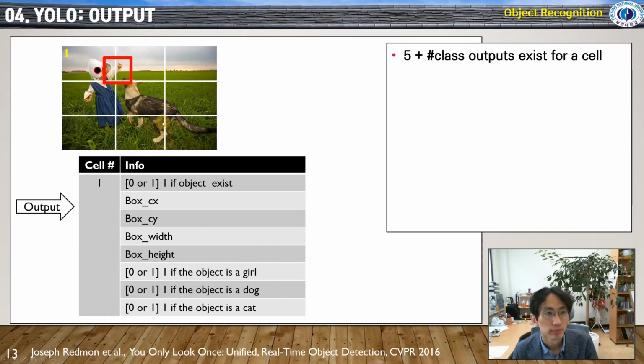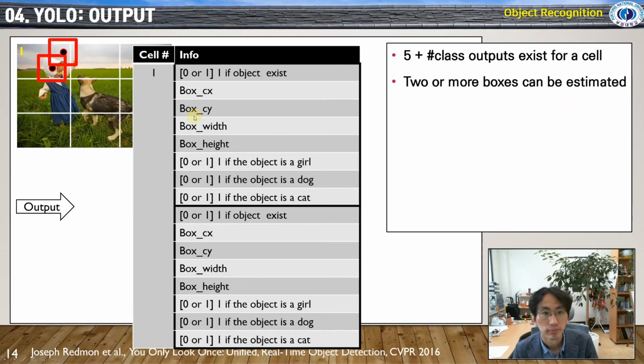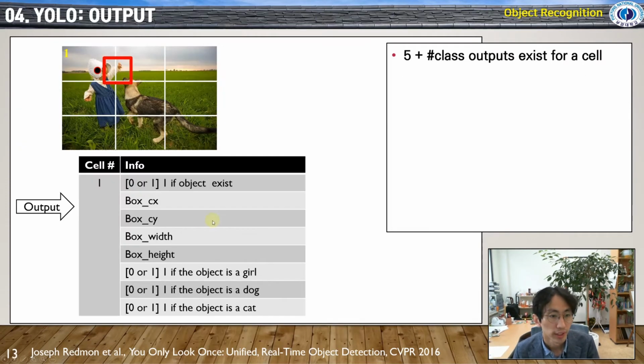And there is other information: box center X, box center Y, box width, and box height. And there are 3 other nodes, which are about the class of the object. If this is 1, then the object is a girl.